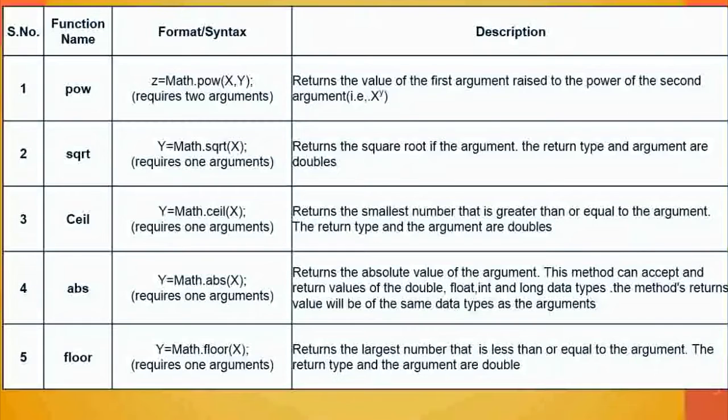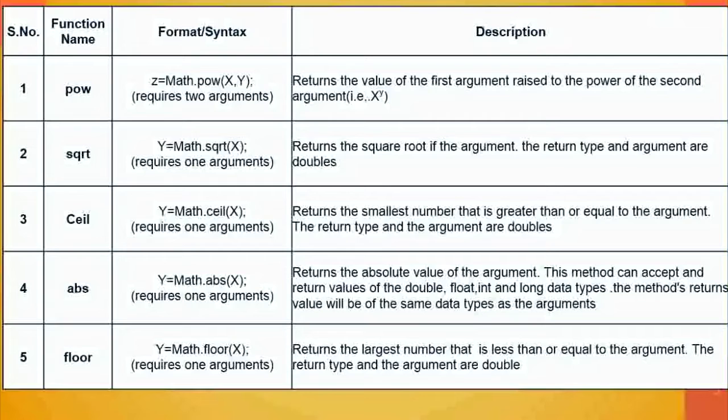In today's topic I have taken 5 functions: pow, which means power; sqrt, which means square root; ceil; abs, which means absolute; and floor. Let us discuss one by one.